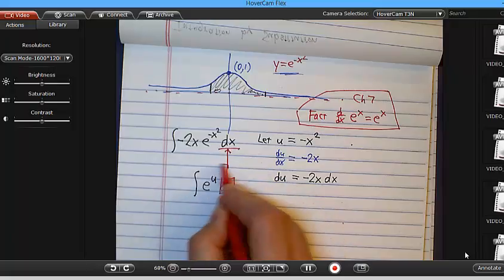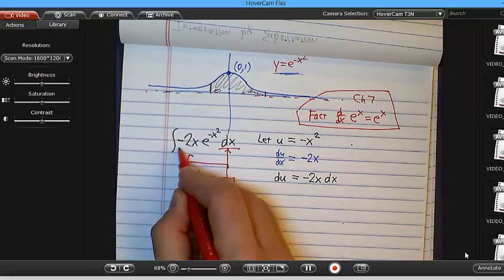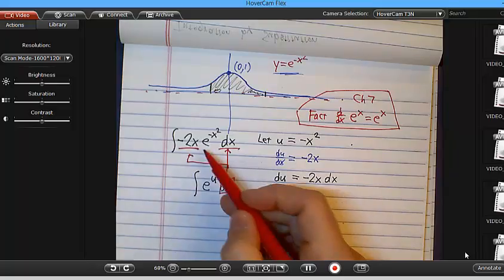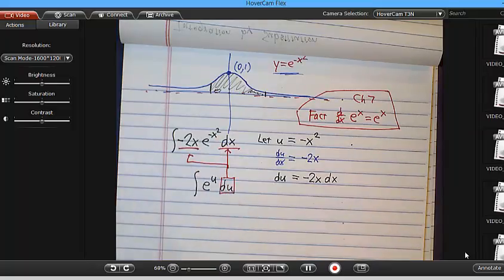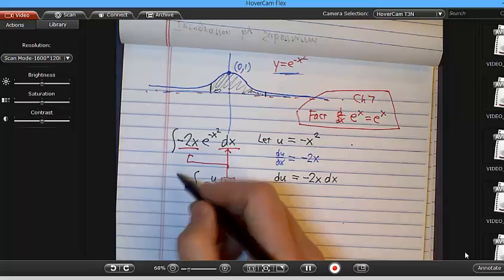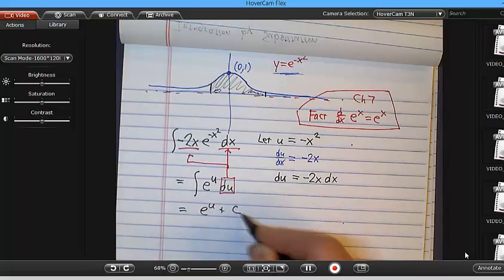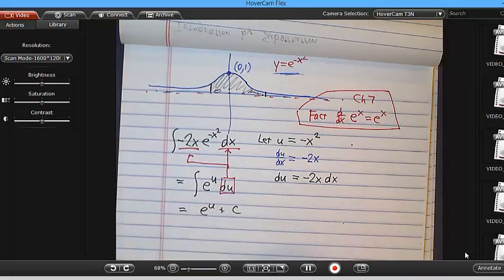Notice, if I show you here and here, do you see it? You need to account for everything. We have e to the u, and then everything else gives me du. Okay, see that? Now, what's the antiderivative of e to the u du? e to the u plus c, right? That was the fact that I used.